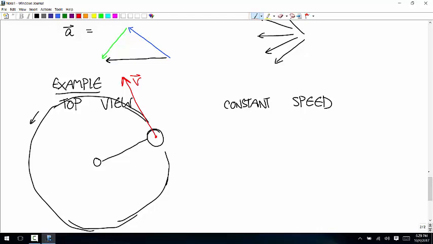Okay, and then we have to think which way it's turning. So, is it turning this way or this way? Yeah, toward the center of that circle. So the perpendicular part of the acceleration is like that.